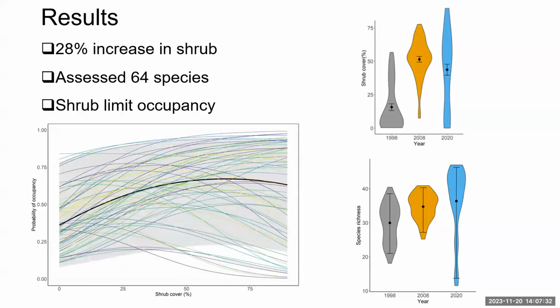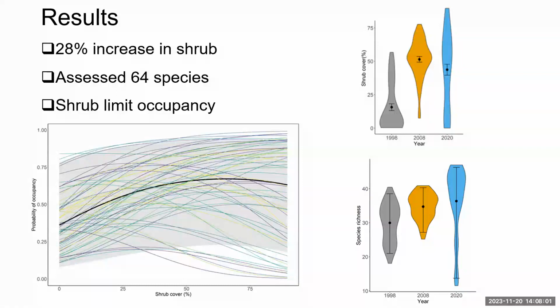So trying to bring this together, in this figure the x-axis shows the amount of shrub cover, the y-axis probability of occupancy, and the thin lines are our 64 species, so their responses to shrub cover. The black line is the community response, and the gray ribbon is the credible interval region.